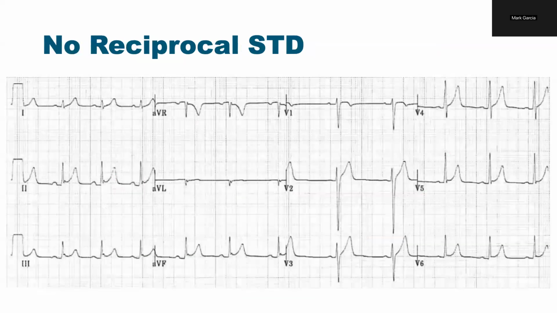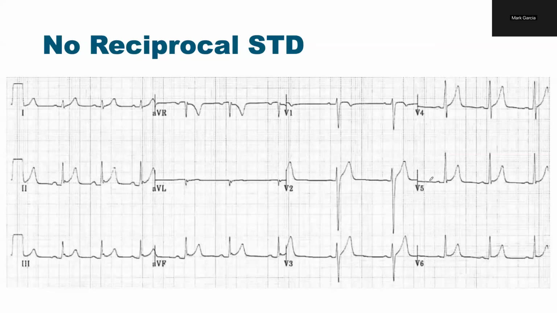A big one to look for would be that you don't have reciprocal ST depression. So again, remember the PALES mnemonic. If we thought, okay, there's an inferior, is there possibly an inferior infarct here? The next letter in the PALES mnemonic after I is L. That's the lateral leads.